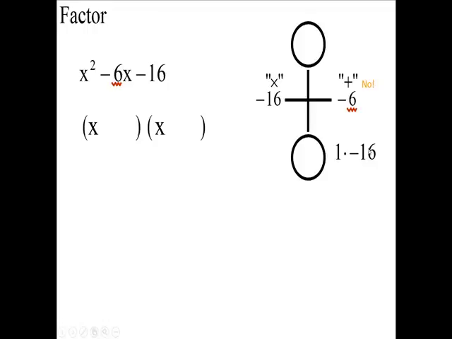We get negative 15. So my next two factors, if you count 1, after 1 comes 2, and 2 times 8 is 16. Once again, we want the larger of the numbers to be negative. Now, when you add these up, what do you get? What's 2 plus a negative 8? We're getting negative 6, aren't we?